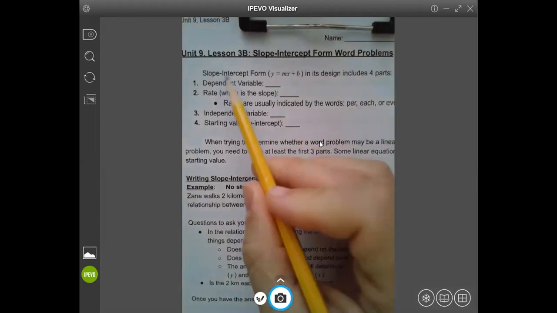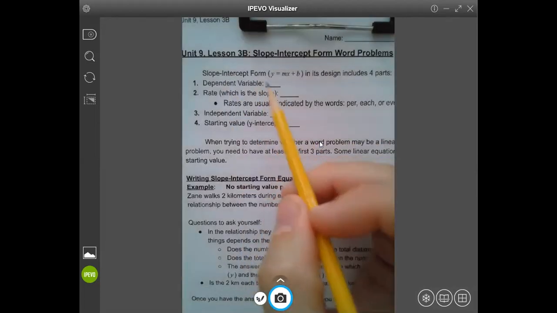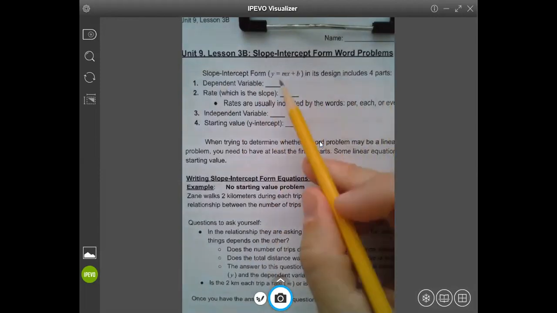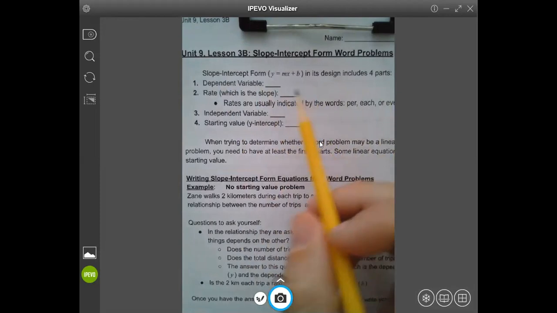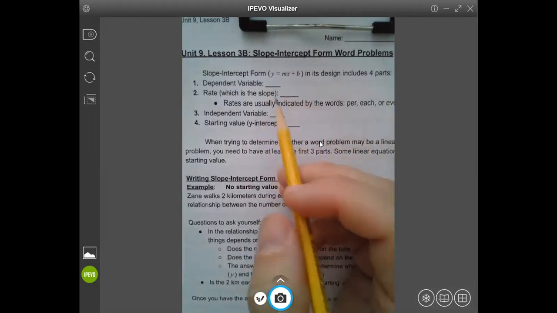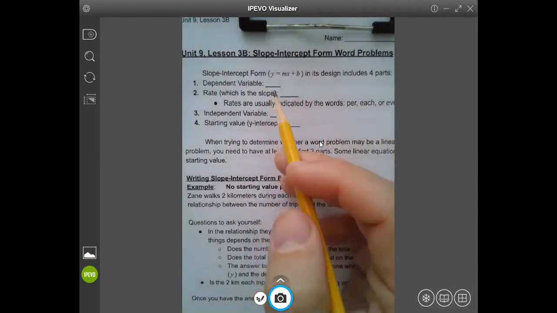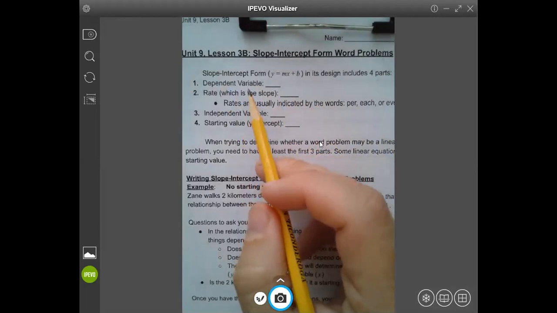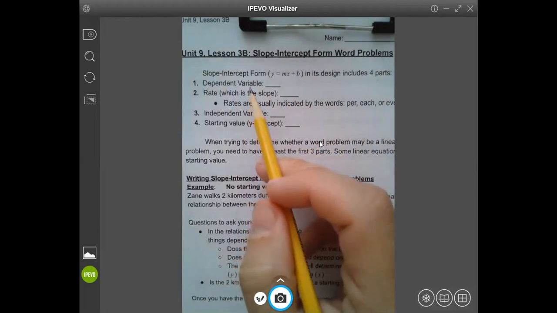All right, so with slope-intercept form, that's the y equals mx plus b. It has those four parts, those four variables. So what we need to understand is what each variable represents and how we can recognize it then in a word problem. So the dependent variable, right? We talked about this, that every function that's linear for the most part has a dependent and an independent variable.